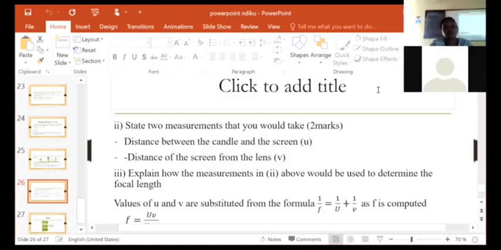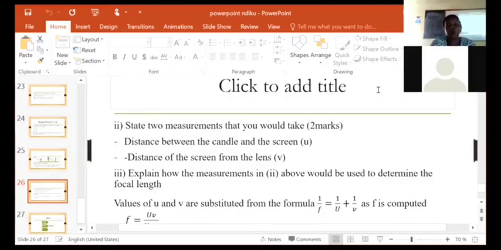Then after that, you are asked, explain how the measurements in Roman 2 above would be used to determine the focal length. You can use the formula 1 over f equals 1 over u plus 1 over v, and from there you compute f, making f the subject of the formula. You can still decide to determine f by drawing a graph.